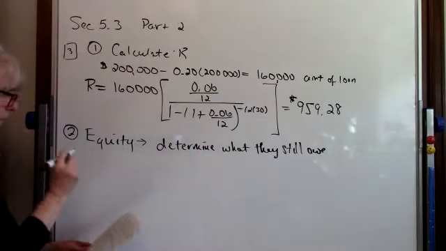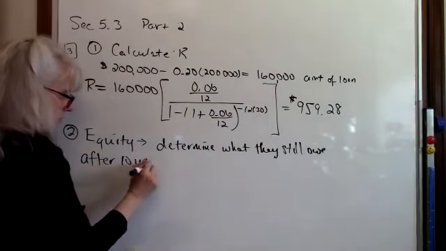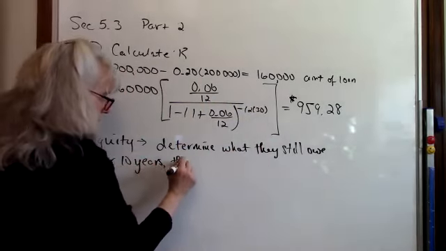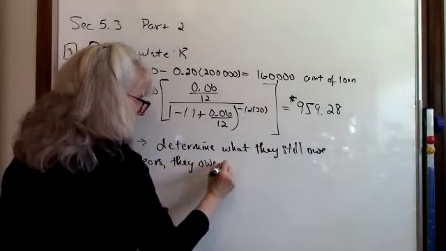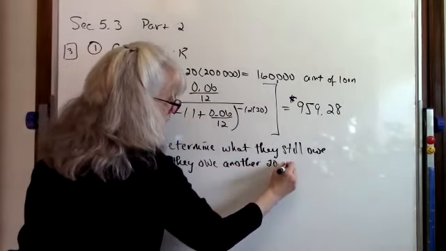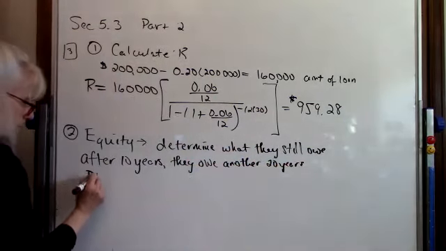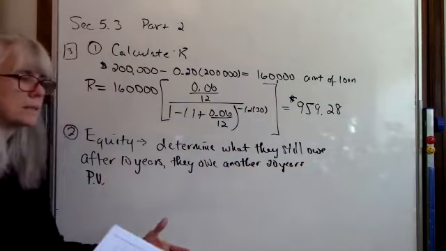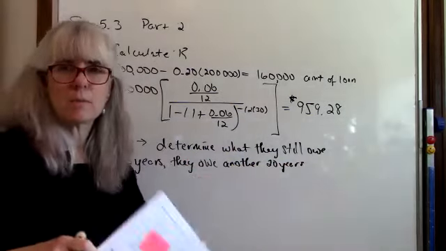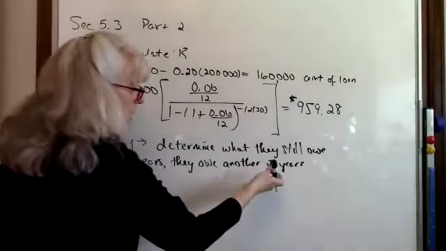So, let me say after 10 years, they owe another 20 years, and we're going to do present value. So again, what we're doing is what's the lump sum now that they would need to pay the bank to pay off the house? After living in it for 10 years, they still owe it 20 years.